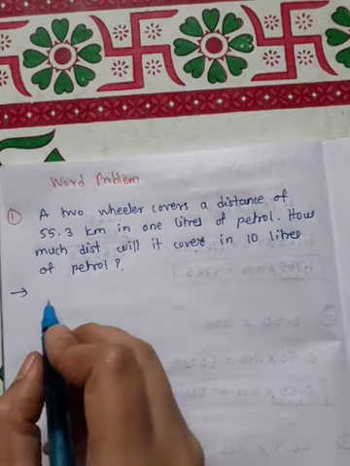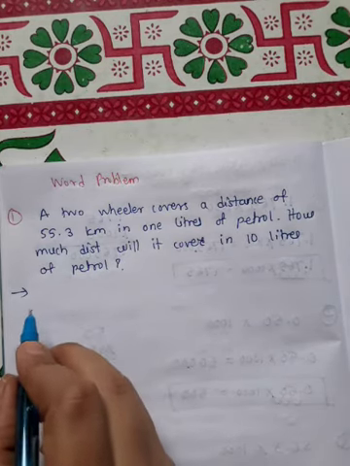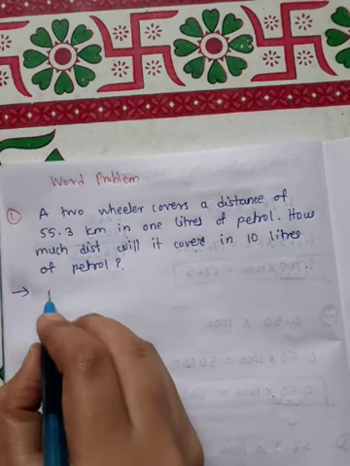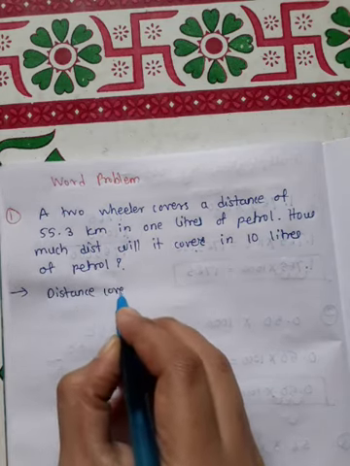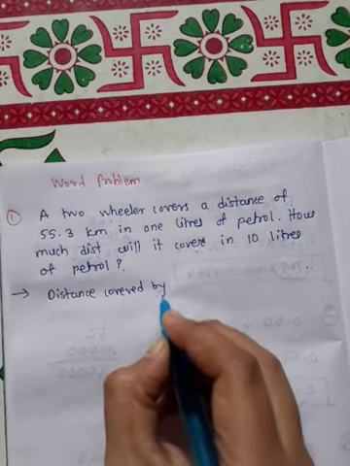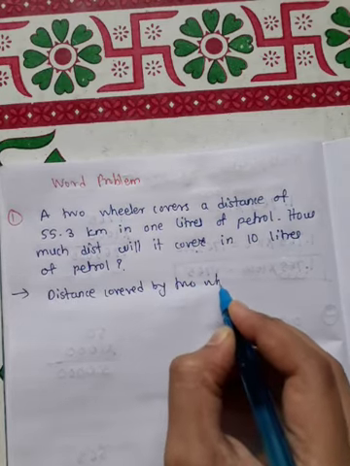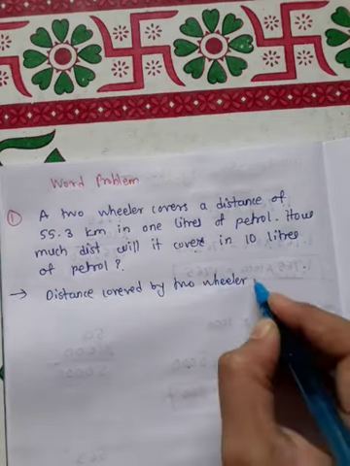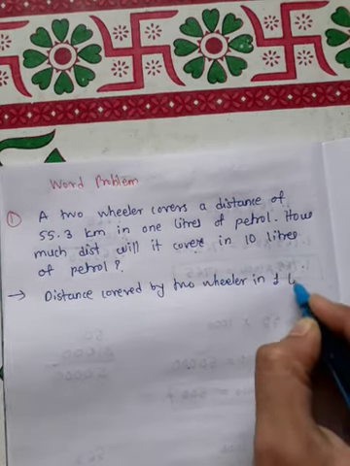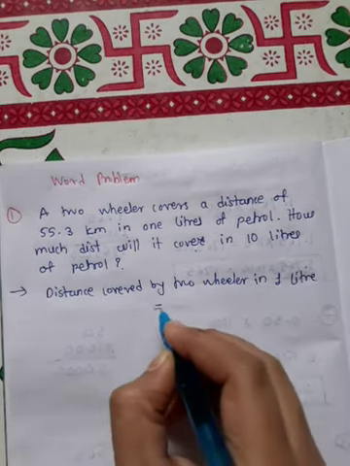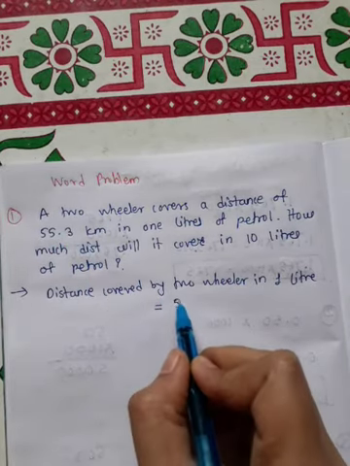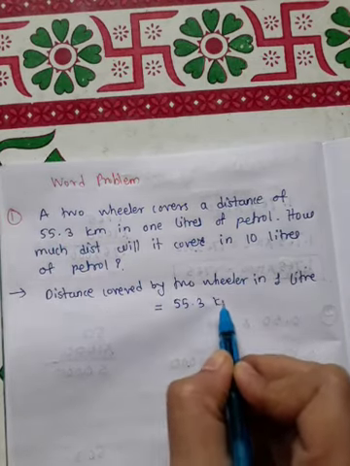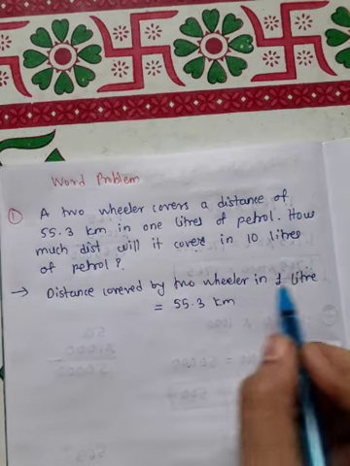We are given the distance covered by the two-wheeler in 1 liter of petrol: 55.3 kilometers.